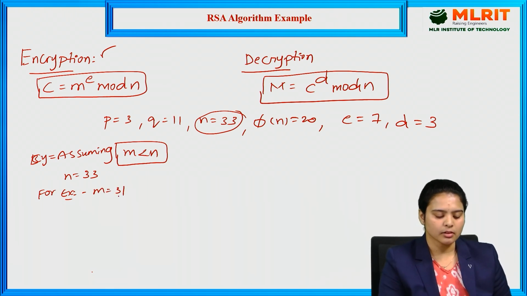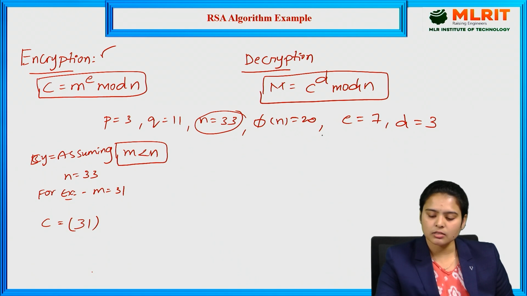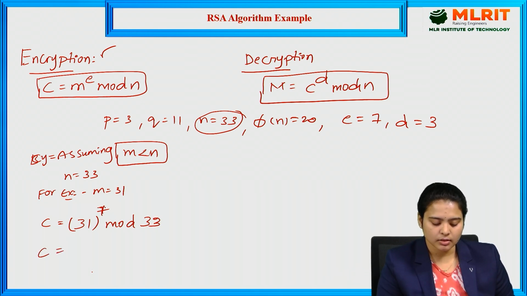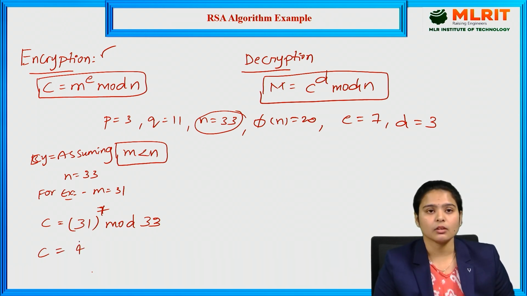If I substitute in this formula, C equals 31 power E, where E is 7, mod N, where N equals 33. So while substituting 31 power 7 mod 33, we will get the value of 4. We get the value of 4.